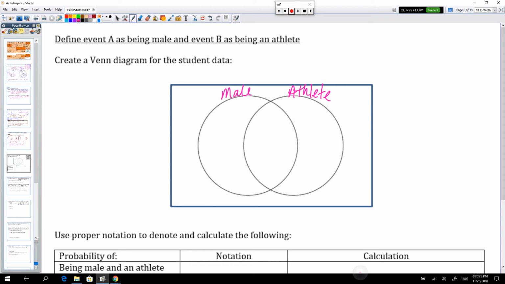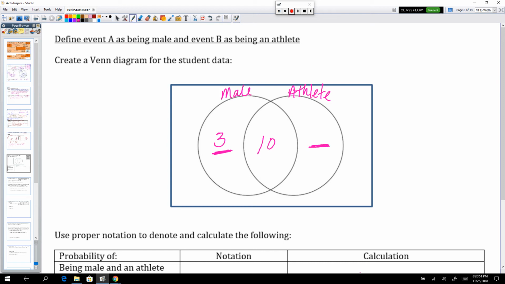So the 10 people that are both male and athlete go there. Now I caution you for what goes into the little partial circles. You don't want to double count those 10 people that are both male and athletes. The people here are only males that are not athletes. That totals, for our little example, 3 people.